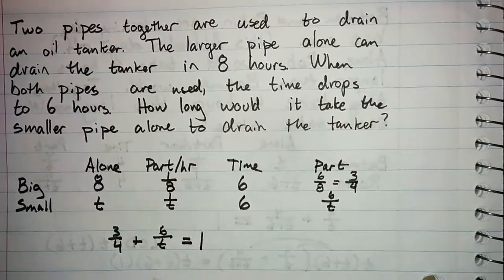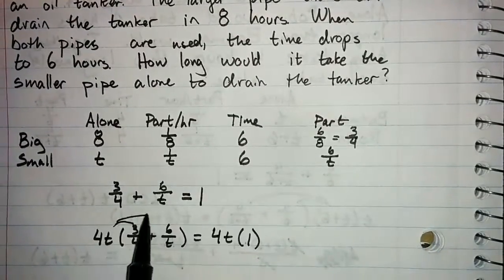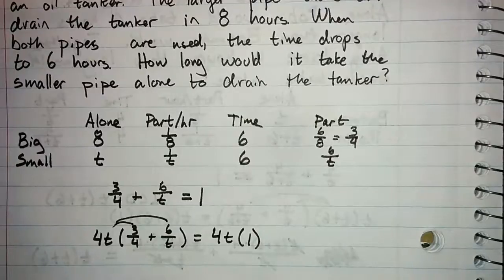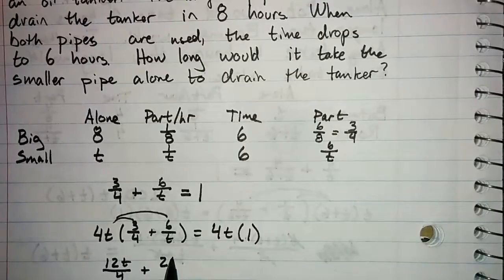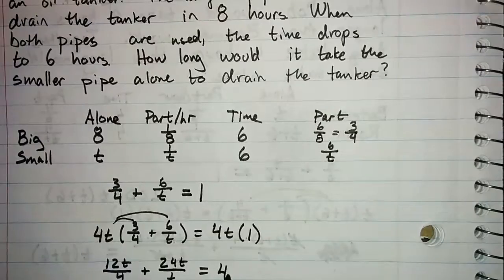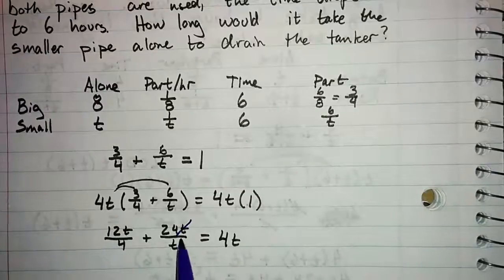Here it's easy to see that my least common denominator is 4t. Distributing on the left-hand side, I'll get 12t over 4 plus 24t over t equals 4t. Simplifying, here the t's cancel.